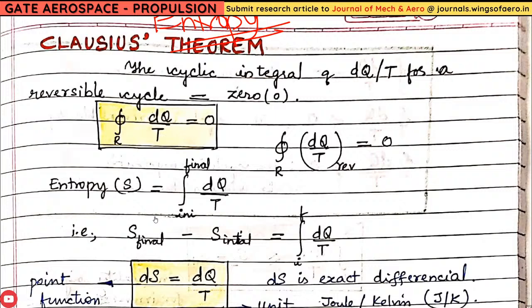Suppose any container is there and I'm heating water. If it is n molecules of water, what will happen? The molecules will randomly move here and there. So the entropy of a gas is always higher compared with the liquid, followed by the solid.